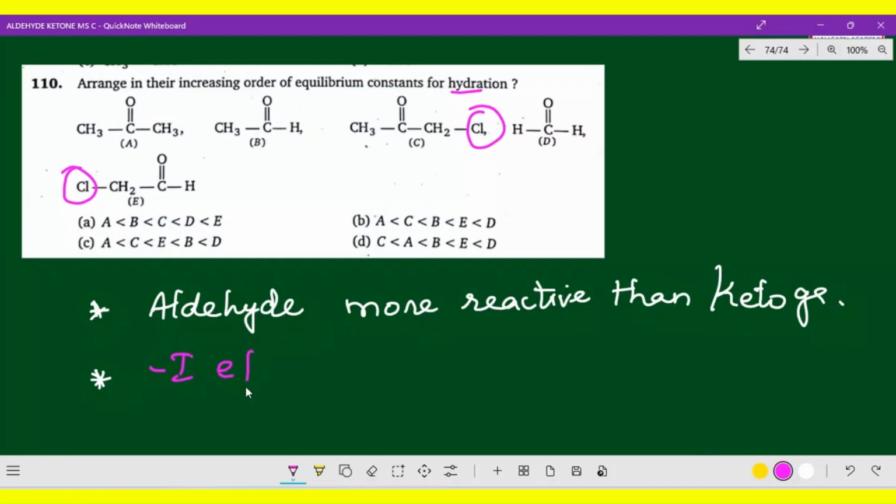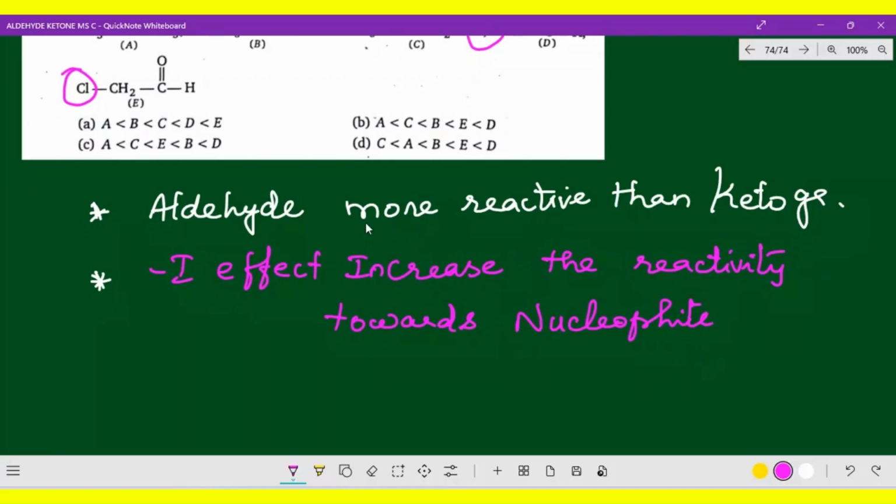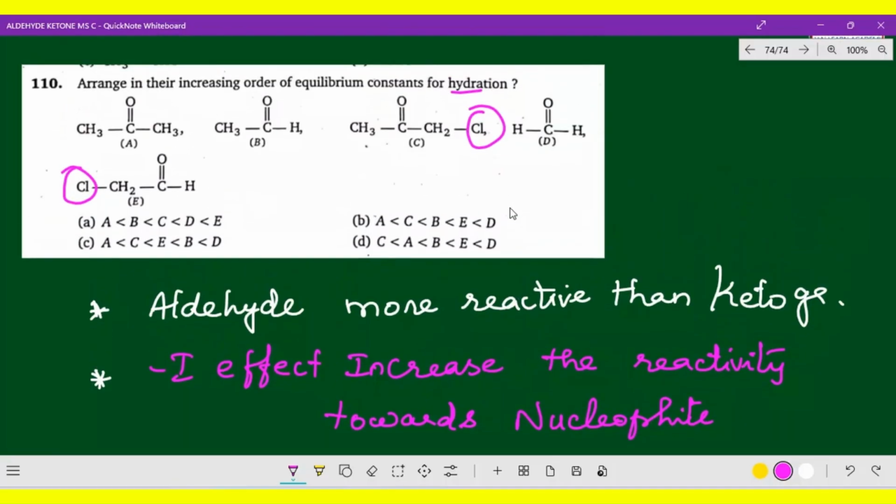The minus I effect increases the reactivity towards the nucleophile. These are all important hints. Please remember, that is the reason I'm bringing up these points. Please note them down in your notebook. So these are the points to be noted down when we are arranging these.